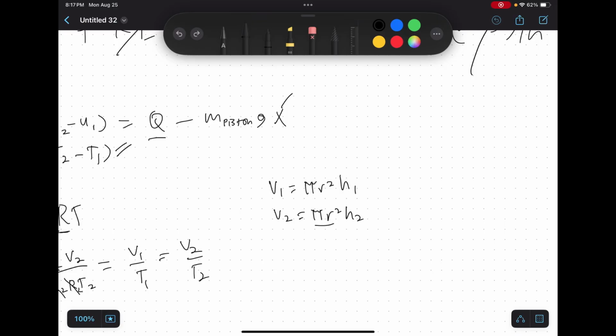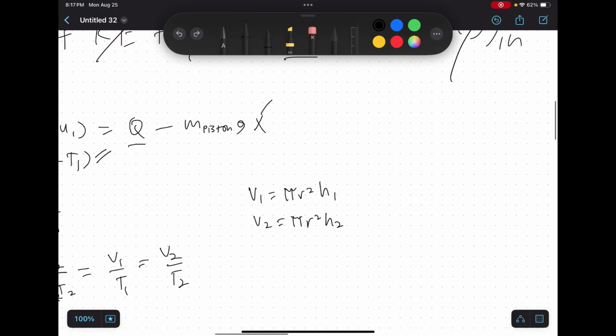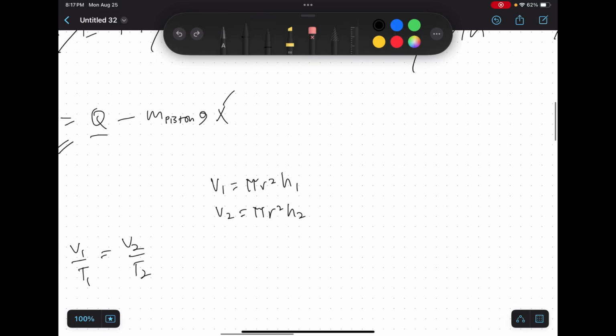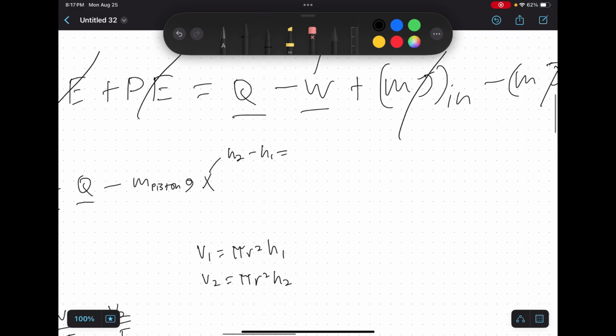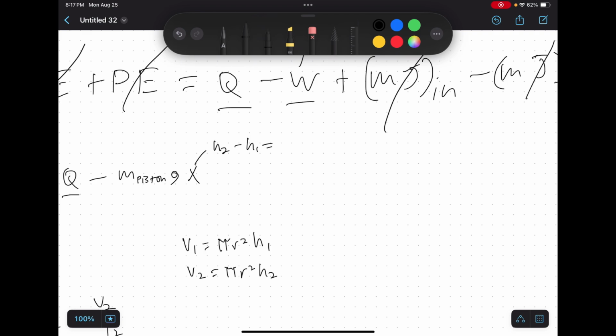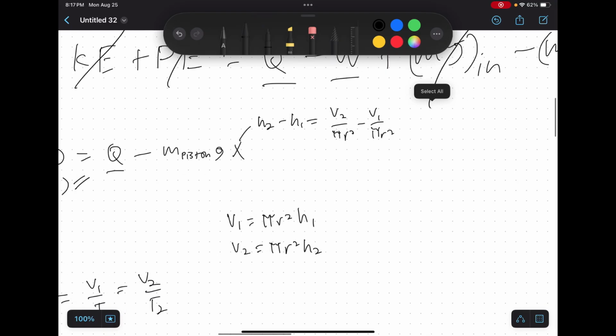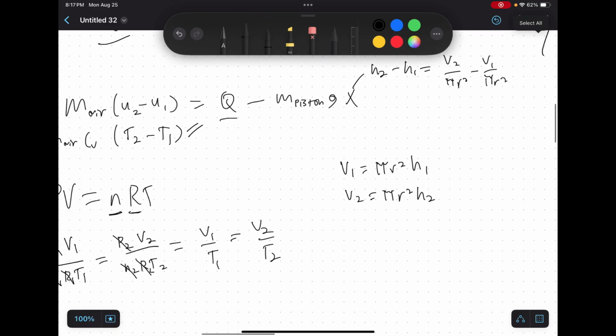Pi r squared stays the same because radially it's not changing. X is h2 minus h1. So h2 is V2 over pi r squared, minus V1 over pi r squared. So that is what X equals.